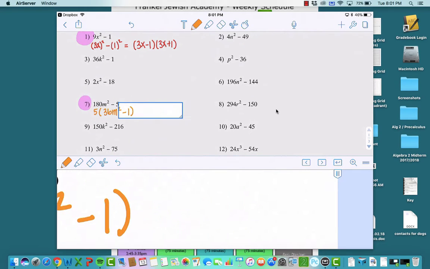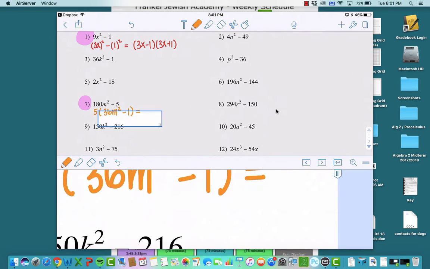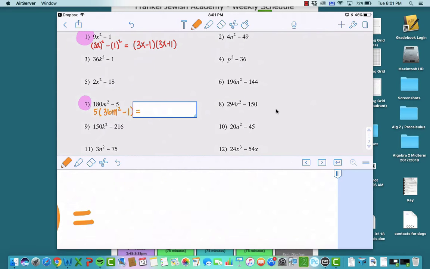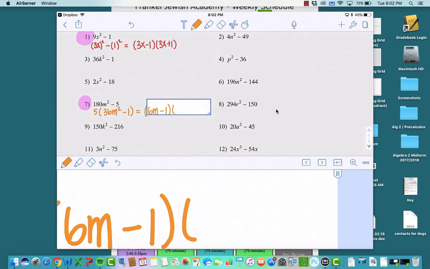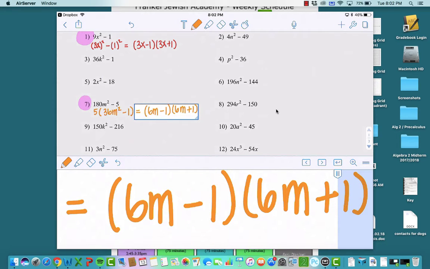Hey, now I have the difference of two squares. And notice that the square root of 36m squared is 6m, and the square root of 1 is 1, so 6m minus 1, 6m plus 1. I can't forget that 5 out front because it is the greatest common factor, and boom, I am done.